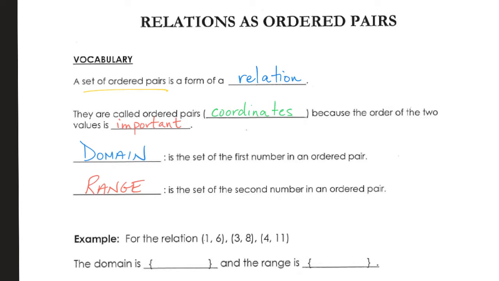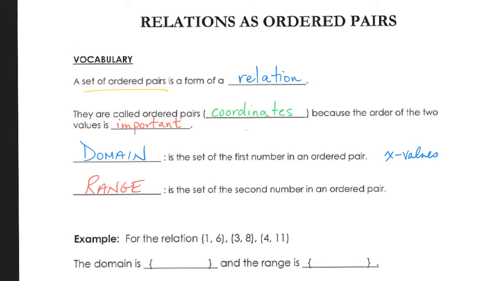So let's take a look at the first one, the one in blue, domain. Domain is defined as the set of the first number of an ordered pair. When we plot points, we're generally plotting on an x and a y axis, so what domain means most of the time is that we're talking about our x values.